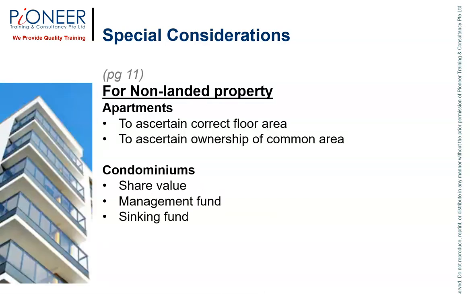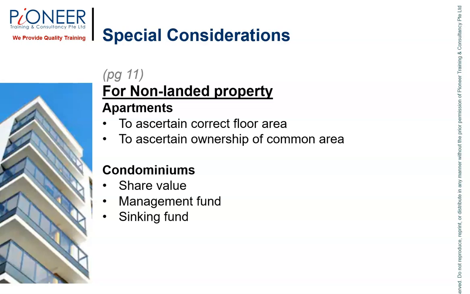Now, what about special considerations for non-landed property? There is a difference between apartment and condominium. Usually, condominium would have a higher price because of the higher status associated with condominium. So what exactly is the difference between condominium and apartment, considering that both may have facilities, both have strata units? And that is in the land size.